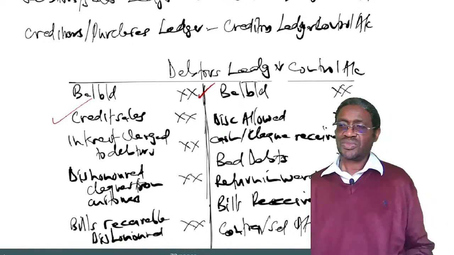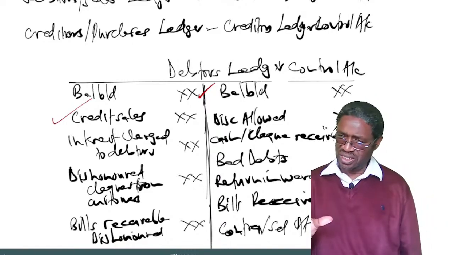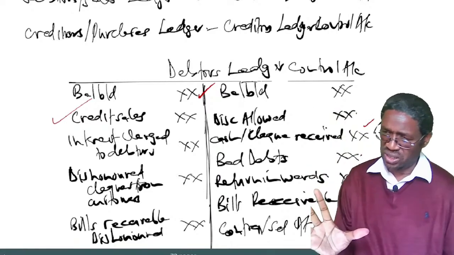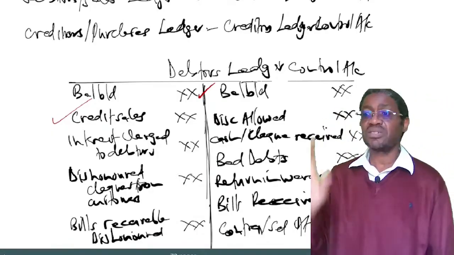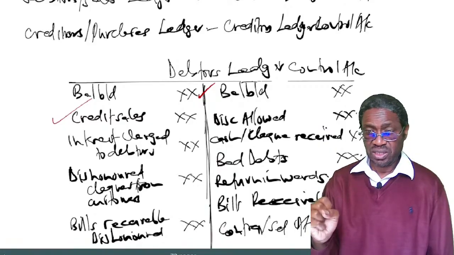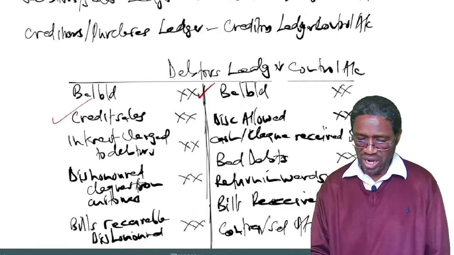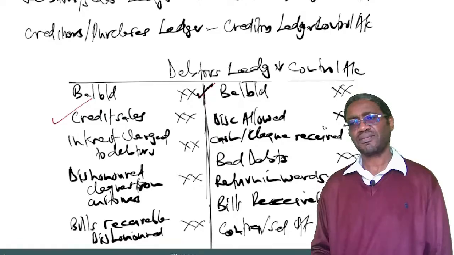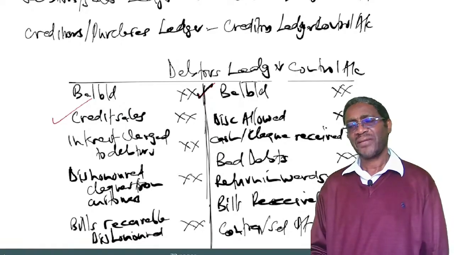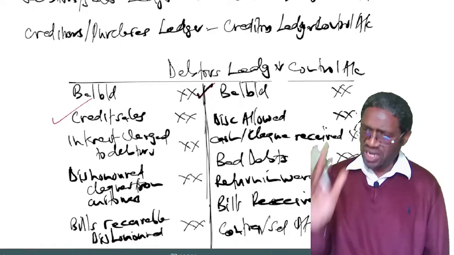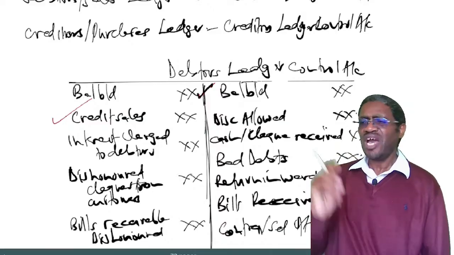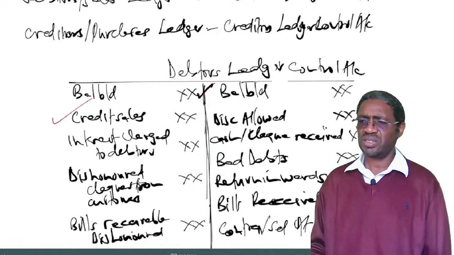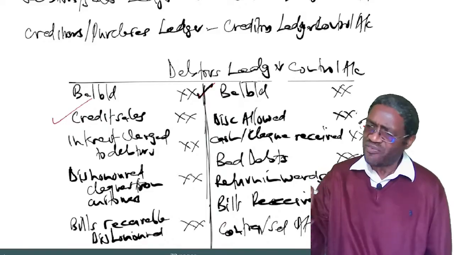So, I have emphasized, in most cases, debtors are always a debit balance. So that's why it's always brought down by the beginning of the year to represent the customers who owe you. But there are a few of your customers who could have overpaid you.